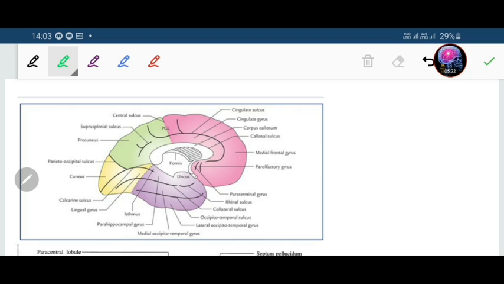The next features are as follows. Number 1 is the cingulate sulcus. It is the most prominent sulcus, which follows a curved course about 1 cm above and parallel to the upper convex margin of corpus callosum.